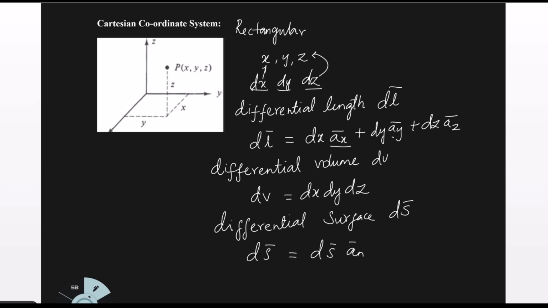Here ax, ay, az are called unit vectors in the corresponding directions. ax is a unit vector in the x direction, ay is a unit vector in the y direction, az is a unit vector in the z direction. This an is the consolidated form of ax, ay and az.